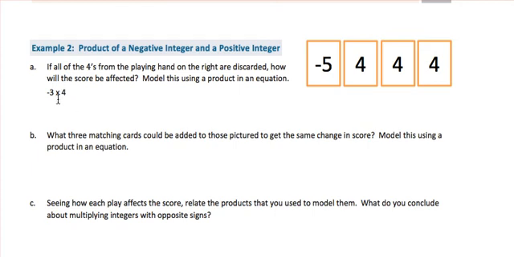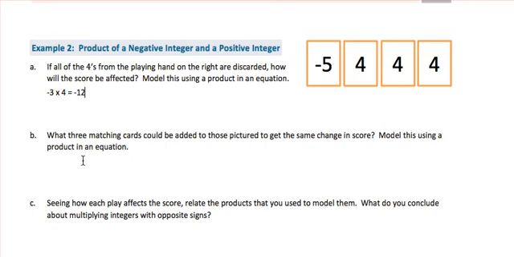Please notice that we're representing the discard as a negative. Discarding 3 times the number 4 will result in a negative 12 change in our score.